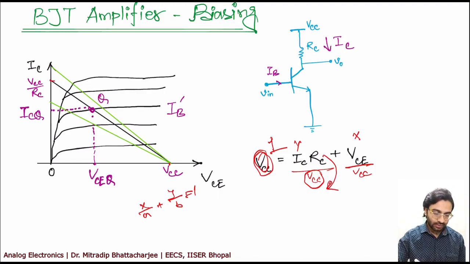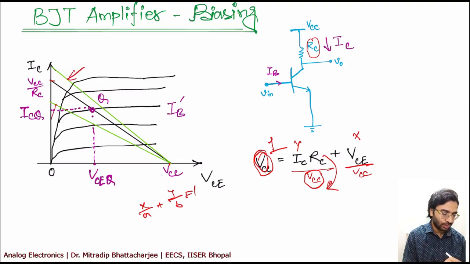Now if we change the value of RC, your load line will shift, just like these two green lines that I have shown. So one of our major controls is the value of RC.